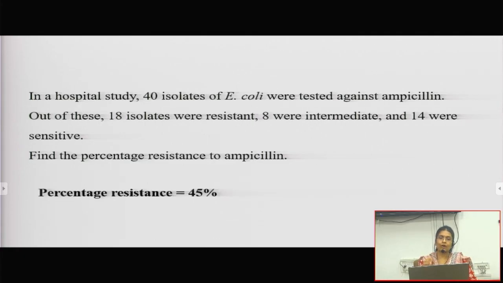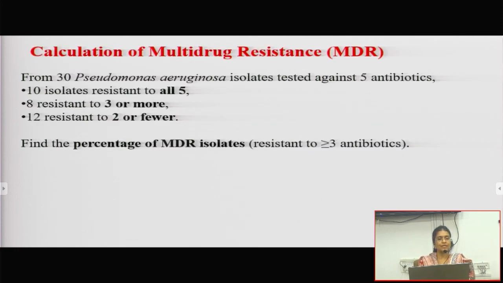Now, all these examples were ones wherein we took one isolate, testing it with one antibiotic. Like, if I have a case in which there is multi-drug resistance, in this example it is Pseudomonas, but I'm testing the Pseudomonas against 5 different antibiotics.